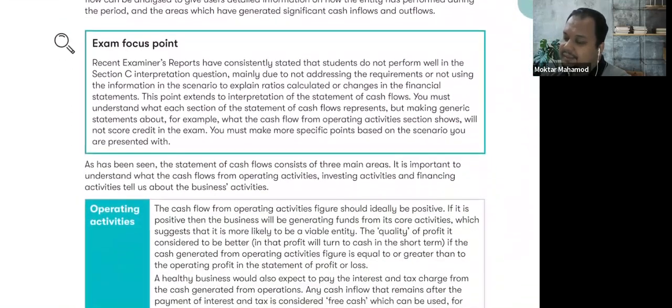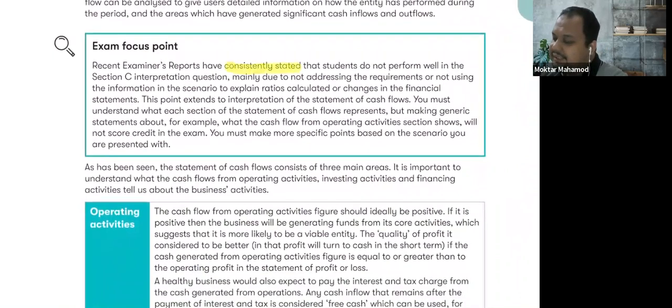Okay. Examiner report penting. Consistently stated that students do not perform well in the section C interpretation question. Not addressing requirement or not using information in the scenario to explain ratios calculated and changes in the financial statement. Okay, and the point extends to interpretation of the statement of cash flow. You must understand what each section in the statement of cash flow represents.